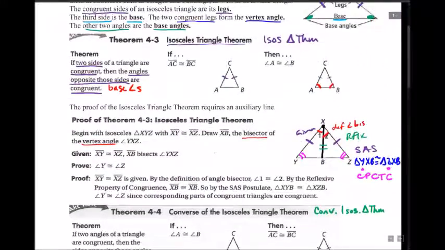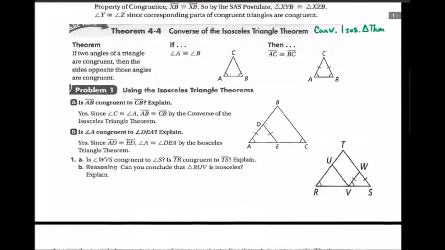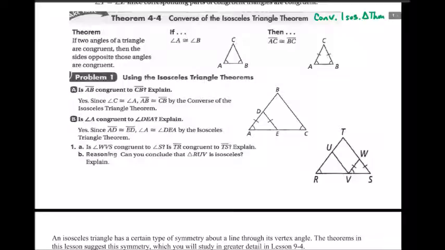It said if we have an isosceles triangle, if two sides of the triangle are congruent, then the base angles, the angles opposite those sides, are congruent. So what's going to be the opposite of that? That's right. We start this one: if two angles of your triangle are congruent. So we have these here.